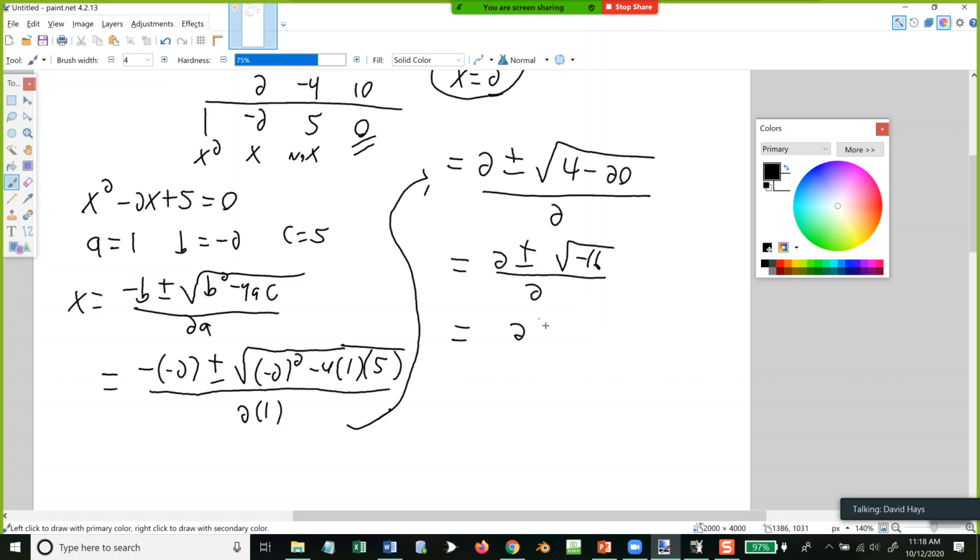So that's going to become 2 plus or minus 4i over 2. If you have an i up here, an imaginary part, you must divide it as well as the real part. So put 2 over 2 plus or minus 4 over 2 with an i. It gives us 1 plus or minus 2i.